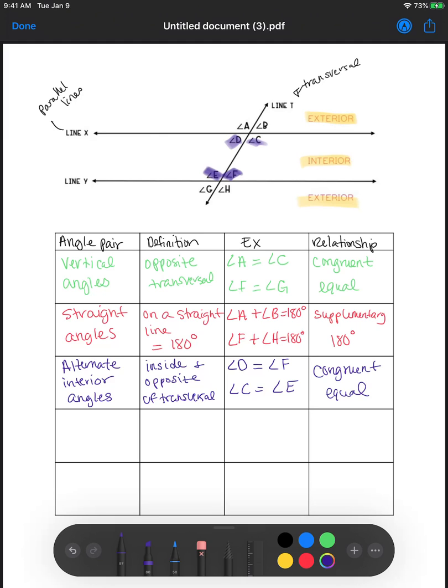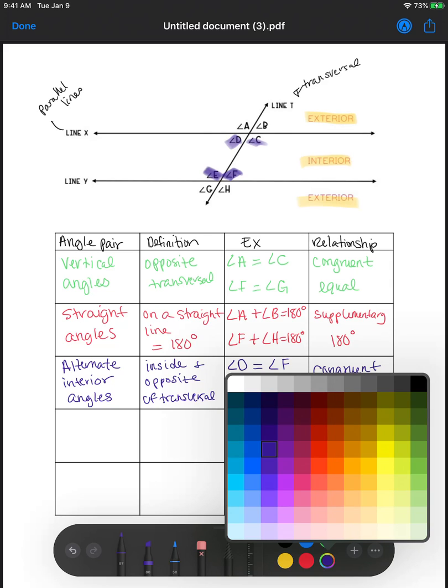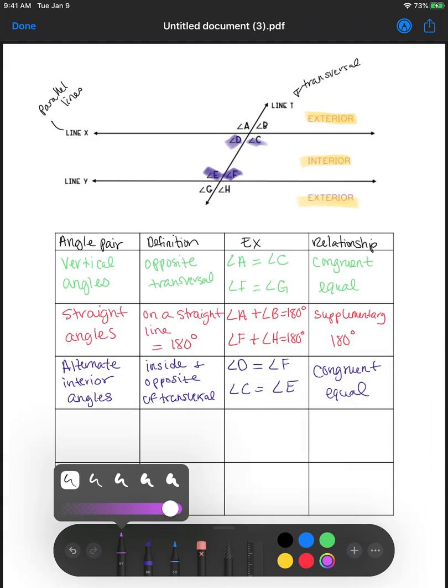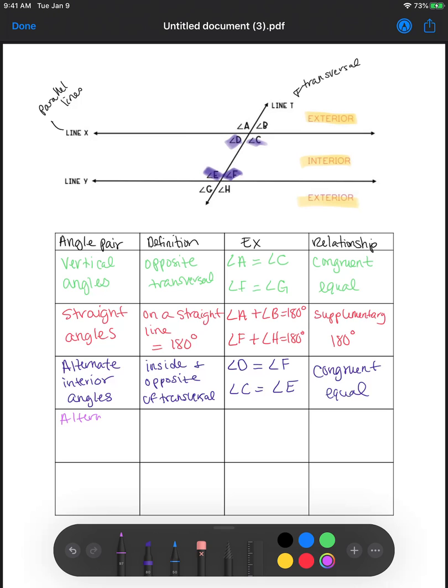All right, so the next one we have, I'm going to change my color again. We're going to do a purple. All right, and we have alternate exterior angles.